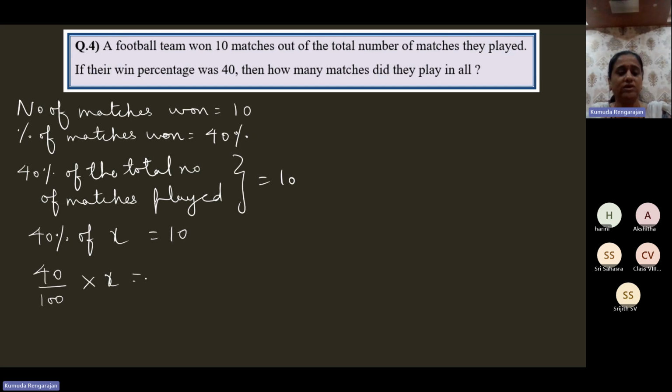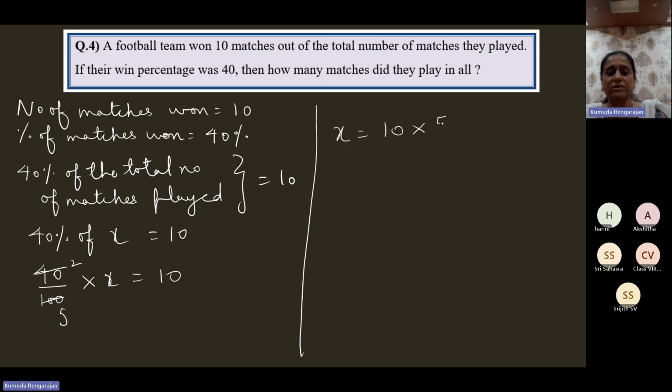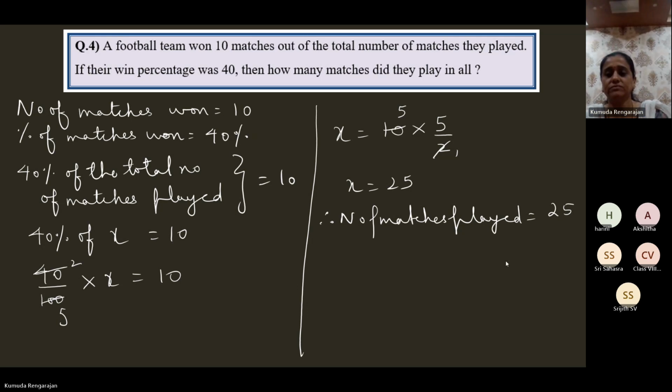Of means into x is equal to 10. So x is equal to 10 into 5 by 2. X is equal to 25. Therefore, the number of matches played is equal to 25.